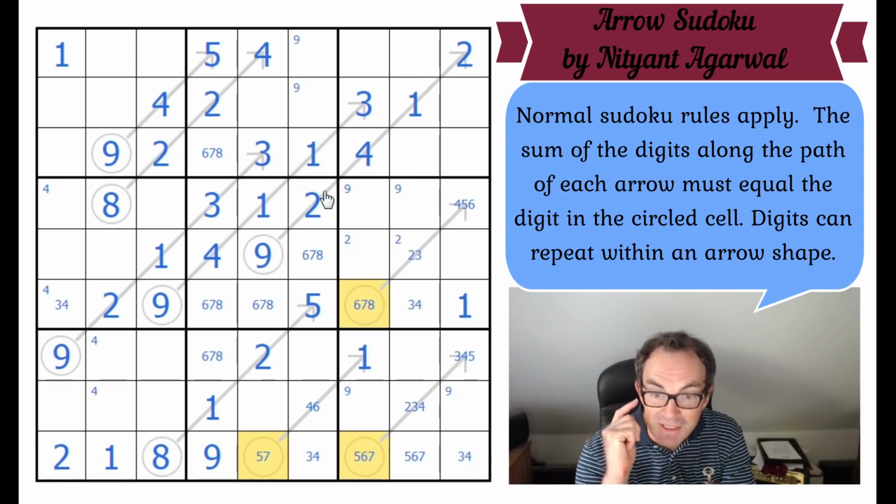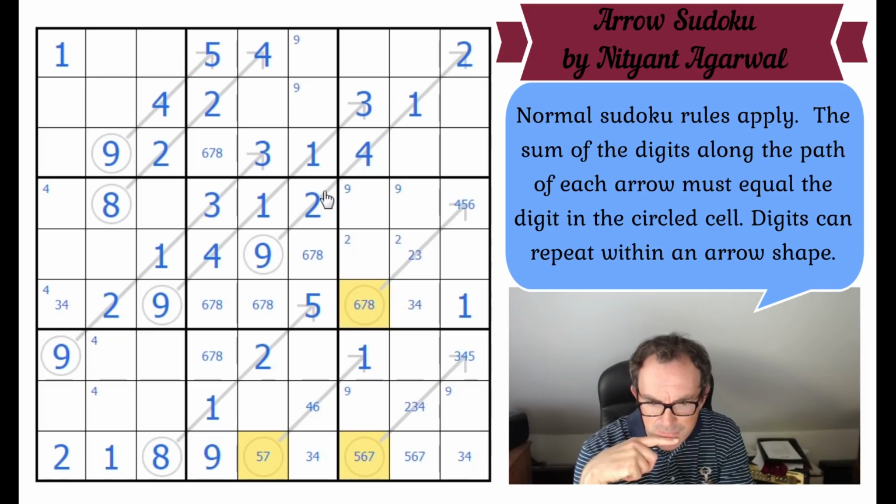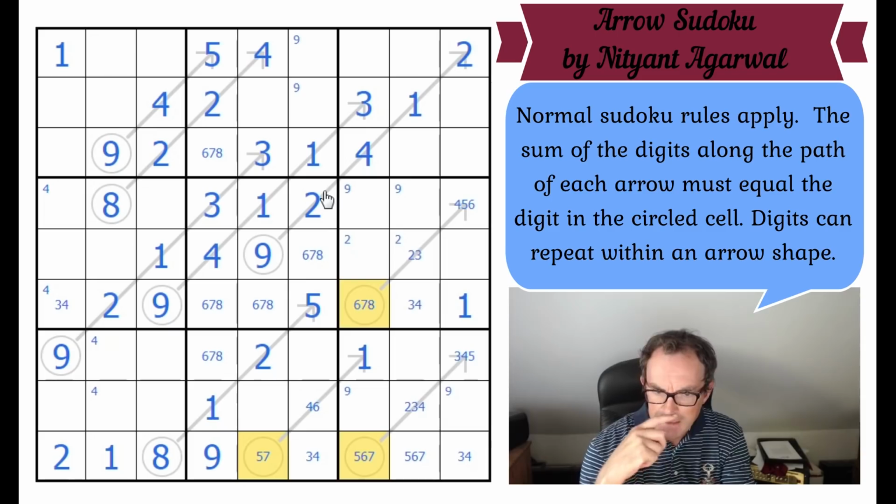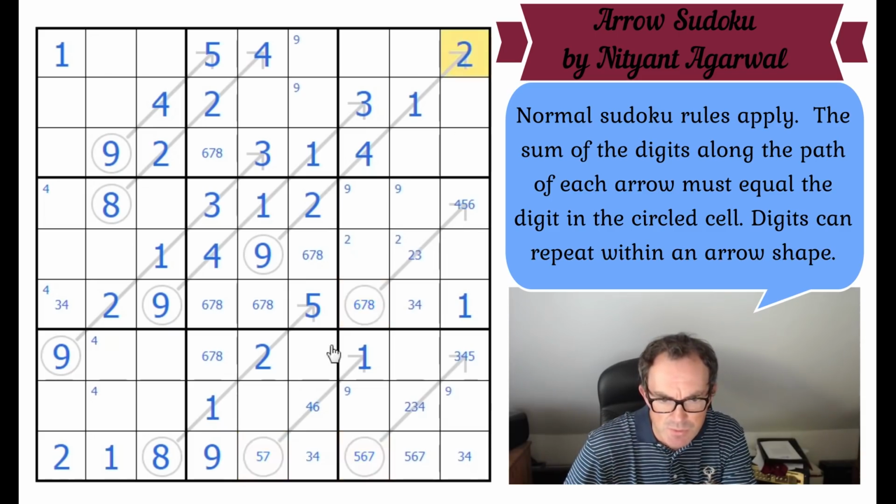That relies on me being clever enough to realise in what way they're helping us now. Sorry, let me just think about this for a second. It would be very useful if I could limit 2 a bit more, actually. 2's got to be in one of those 2 squares.